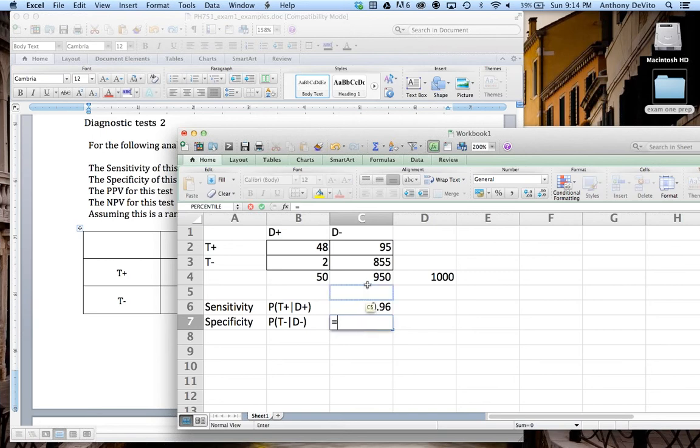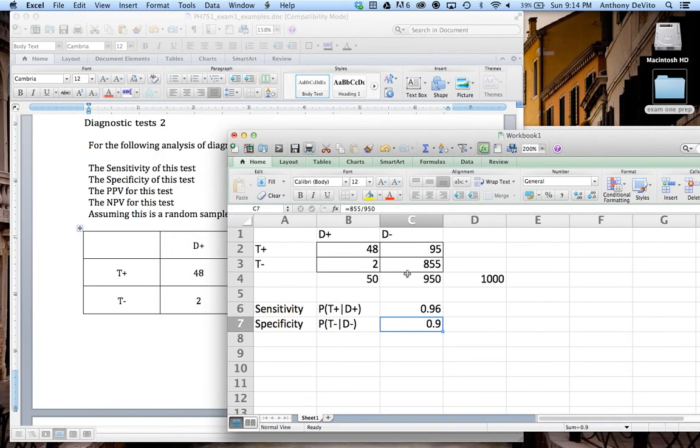Well, out of 950 people that don't have the disease, we correctly got a negative test for 855. So that's 855 over 950. That's 90%. The sensitivity of this test is 96%. Specificity of this test is 90%.